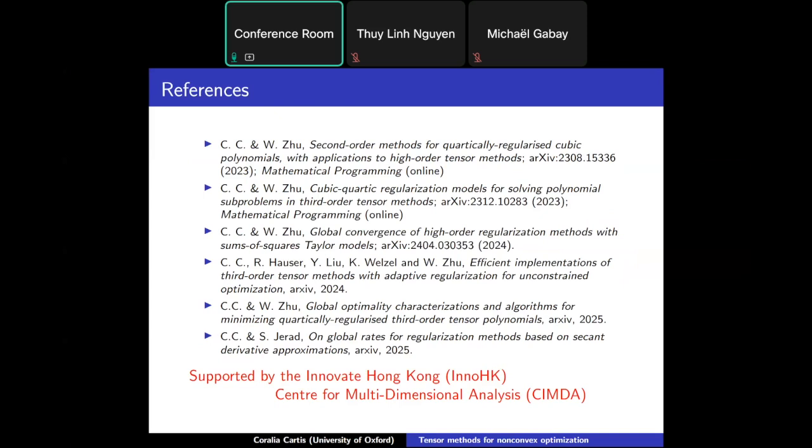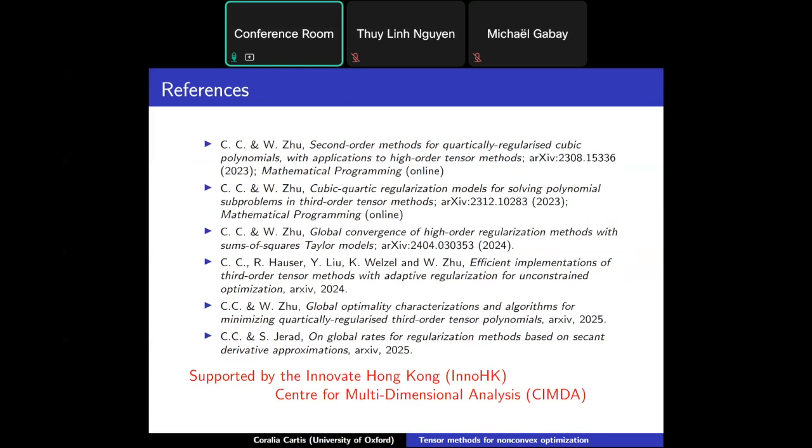So there is more work. It's not so easy to maintain this optimal complexity bound once you go to this kind of auxiliary function, because the parameters there and so on start to depend on your epsilon.